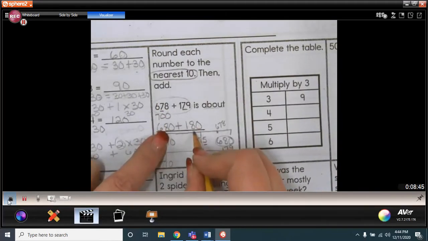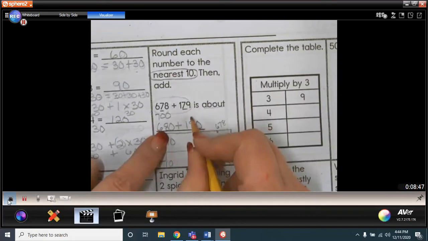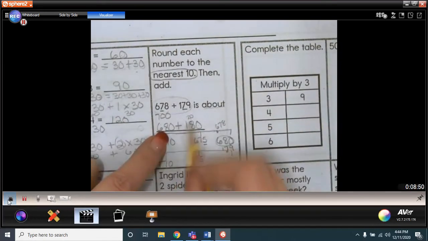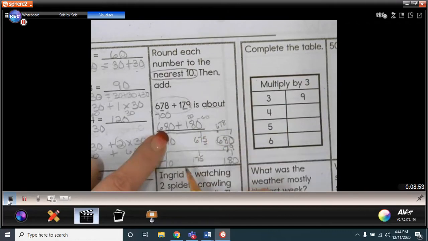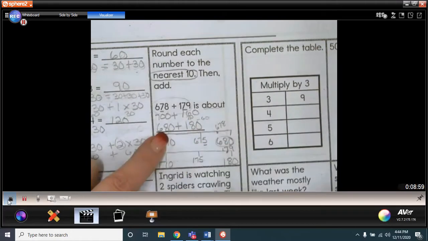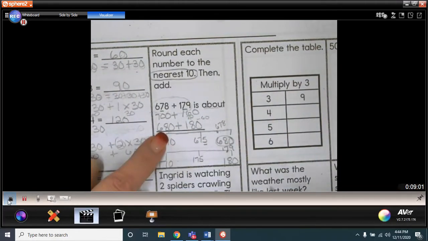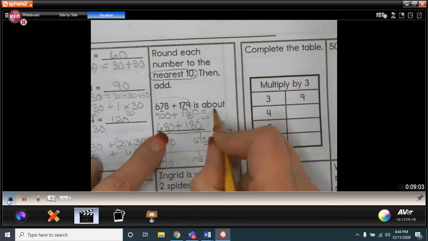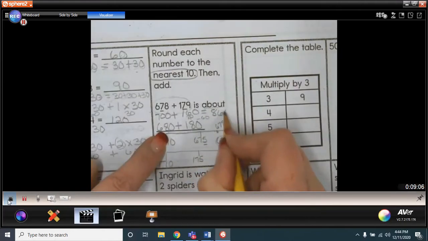And 80 and 80, if I take 2 tens, which is 20, and add it to 80, that's 100. That leaves me here with 60. So I add that, and 100, and 80 is going to be 160. I put that together, and I'm going to have 860.